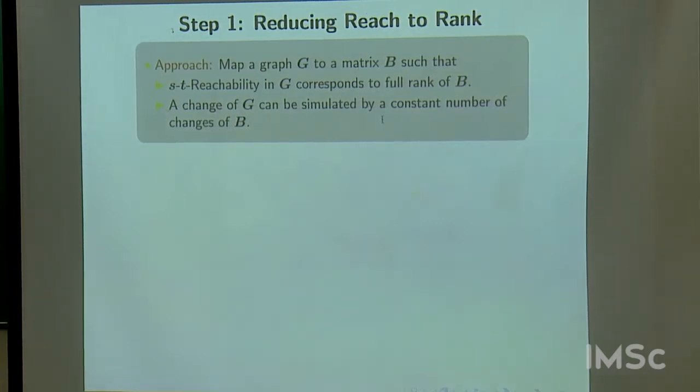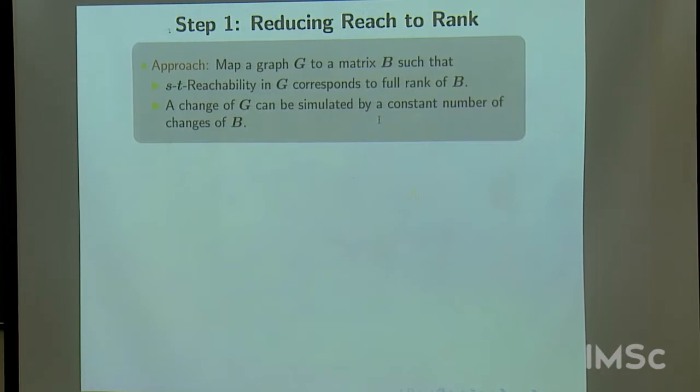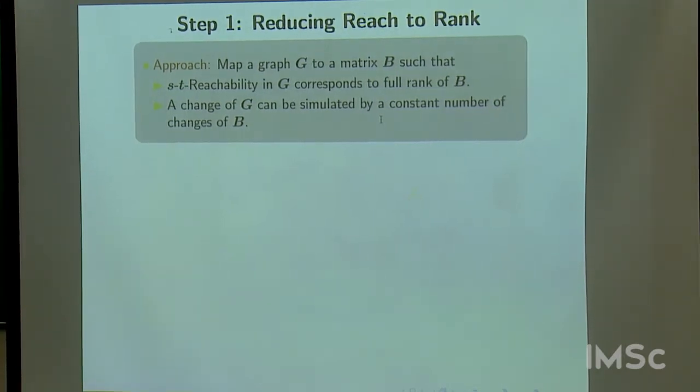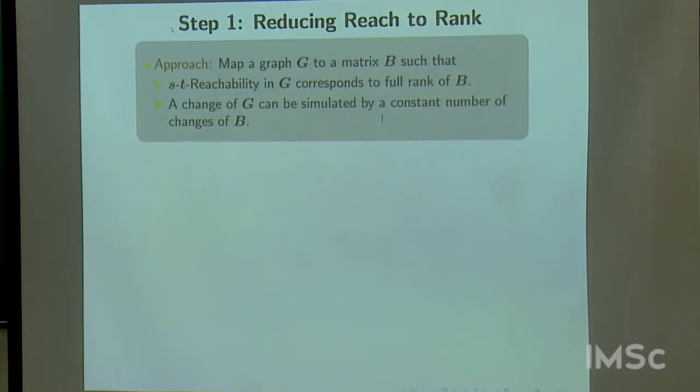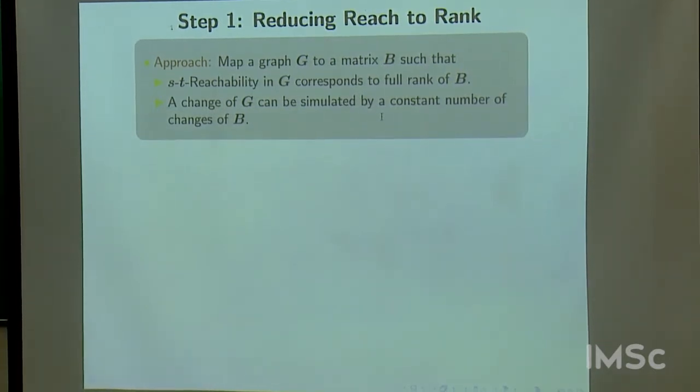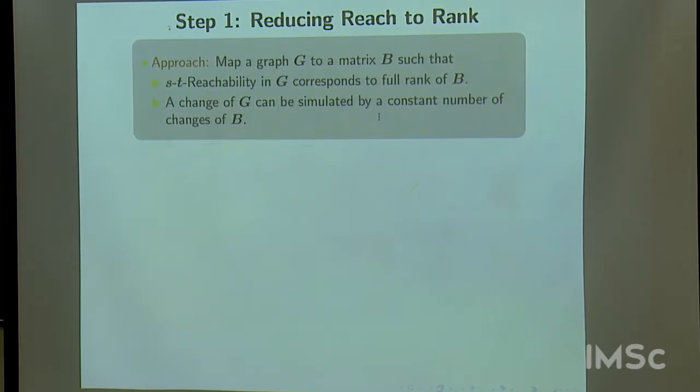And B is carefully structured so that it depends closely on the initial input matrix A, or the graph G, such that any change in G reflects in a small number of changes in B. So this is a bounded first-order reduction, and we can compose it in the dynamic sense. You don't have to worry about composing the reductions. Suffice it to say that small changes in G will reflect in small changes in B.